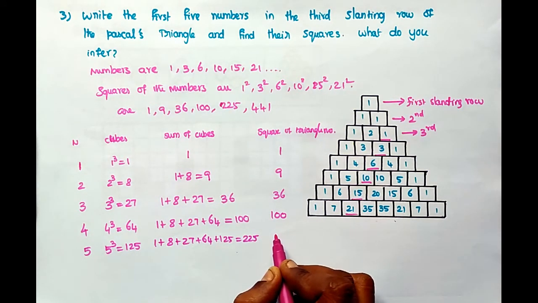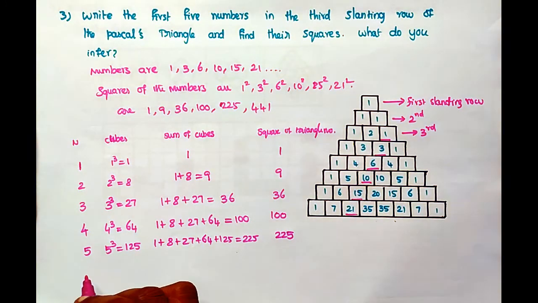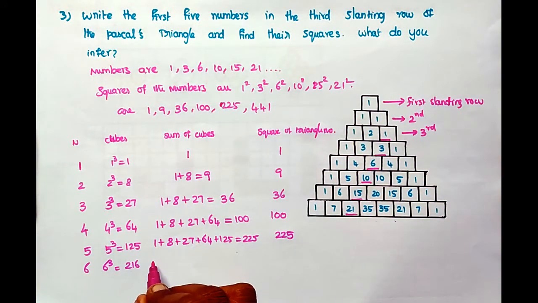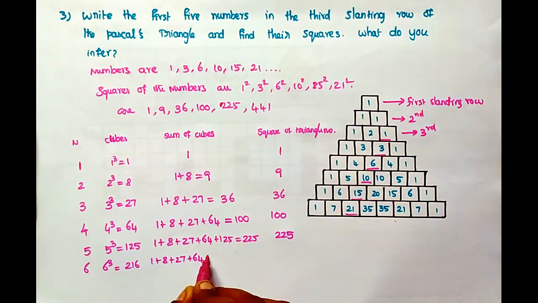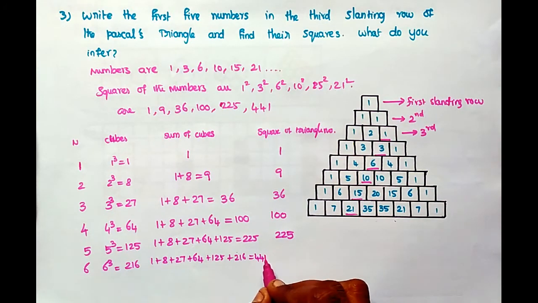That is 15 square. And then 6 cube equal to 216. So 1 plus 8 plus 27 plus 64 plus 125 plus 216 equal to 441. That is 21 square.